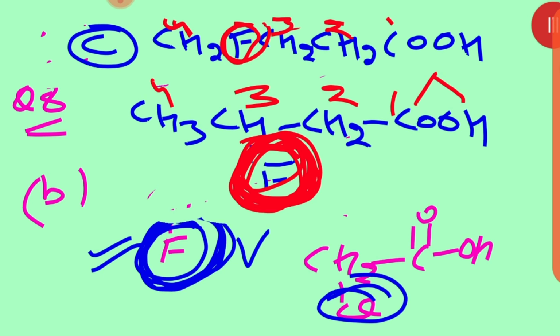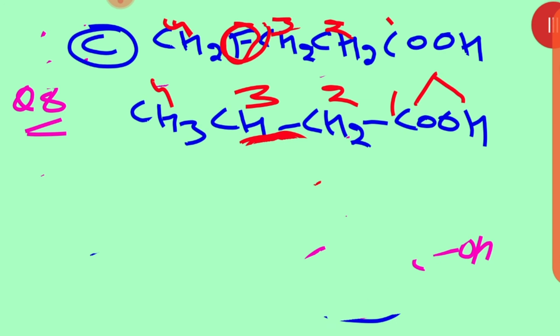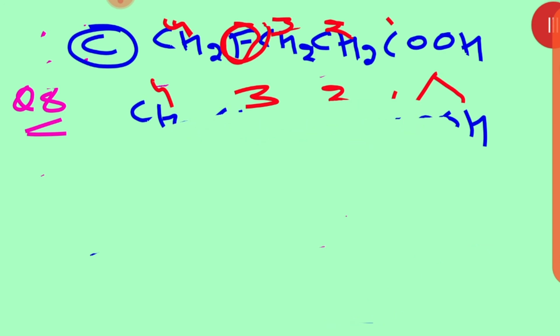Okay, beta. Now the last part, the D part. In the D part, on one side they have given you CF3 and on the other side CH3. You might know the answer to that one.